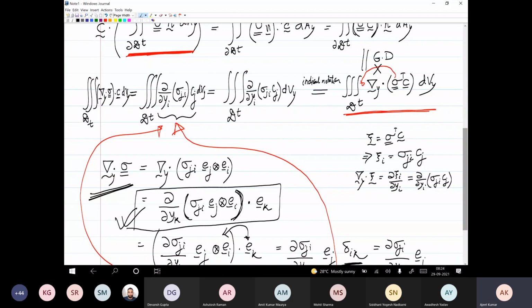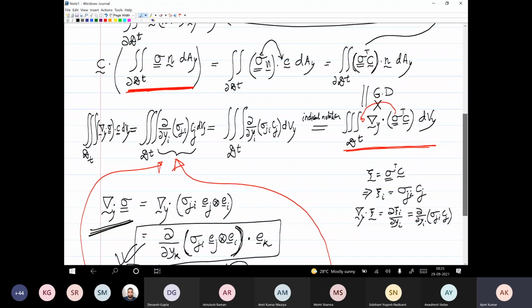So see, we are able to go back to tensor form. And then when you compare these two, you see now you can take C outside, right? Because C is a constant, you take C outside.